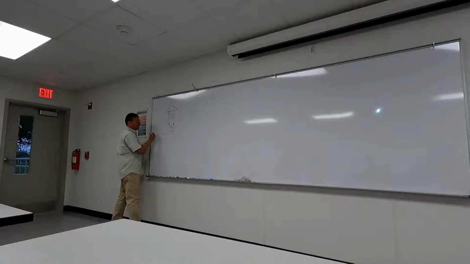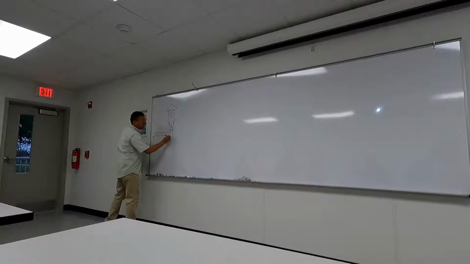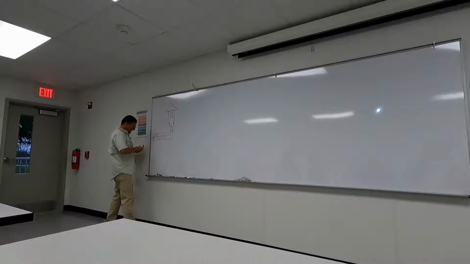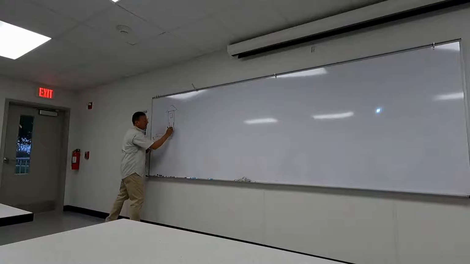Hat 1 is phase 1, doesn't matter, or red. Phase 2 is the other one, then neutral, and the other one ground.